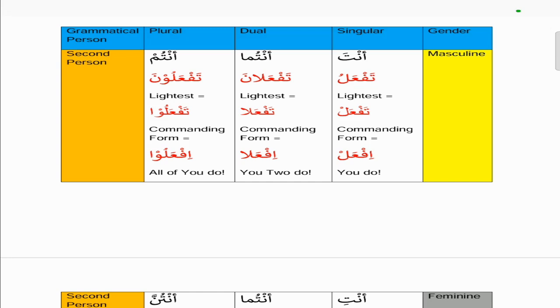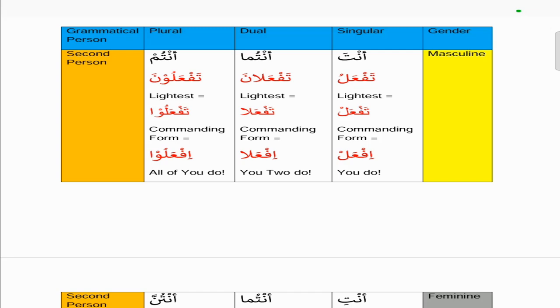So therefore we have to add an alif. If it had any other harakat, if that fa had a fatha, a kasra, or a dhamma, then we don't have to do anything, we're done. But because after removing the ta, the new first letter, the fa, has a sukoon on it in the lightest form, we have to add an alif.